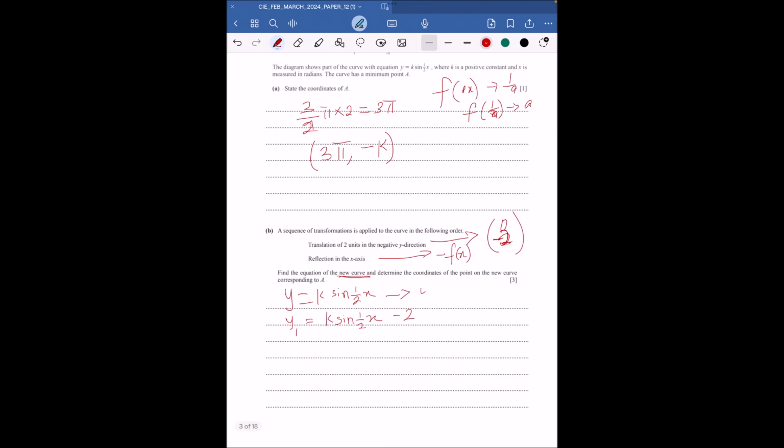Now the second transformation: minus of everything, so minus of k sine half x minus 2. So the final transformation will be minus k sine half x plus 2. So this is my answer.